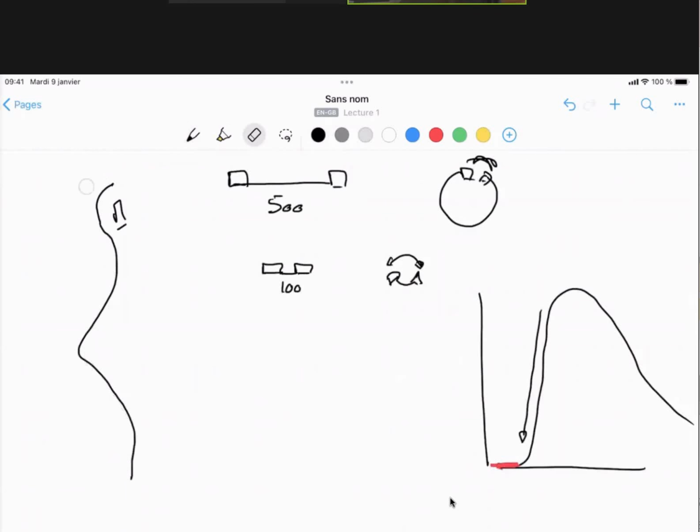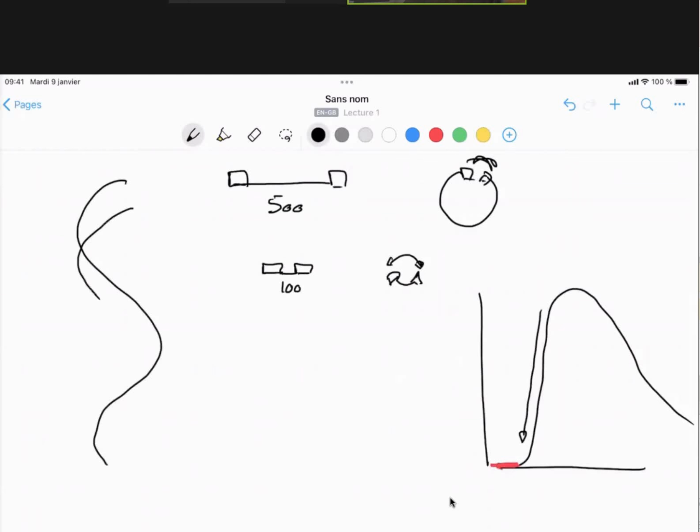Sorry, but I need to redo it to make it nicer. So this is the minor groove of DNA and this is the major groove. You know the double helix, there is one small groove and one big groove.